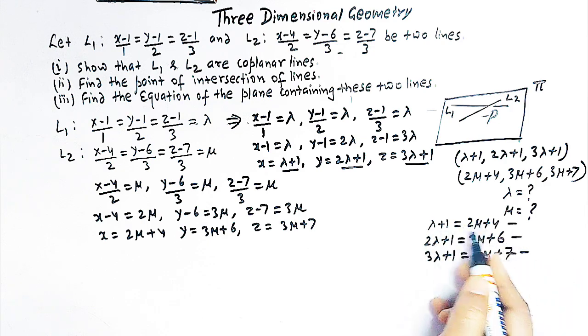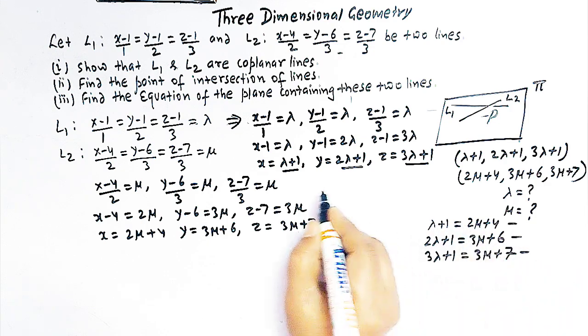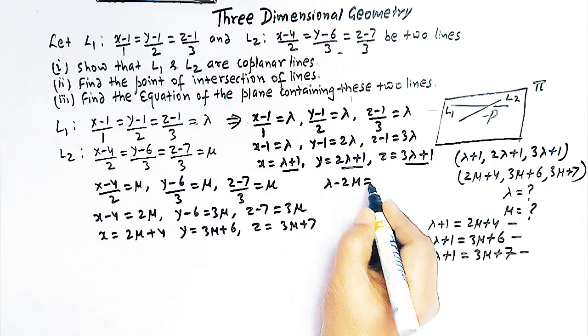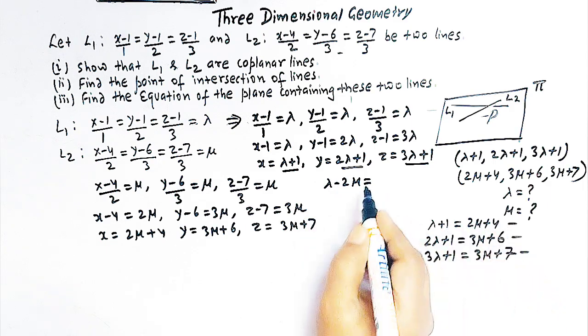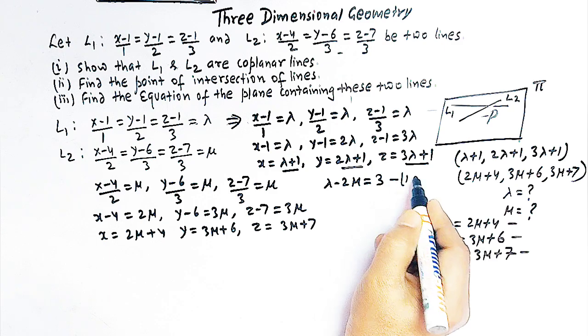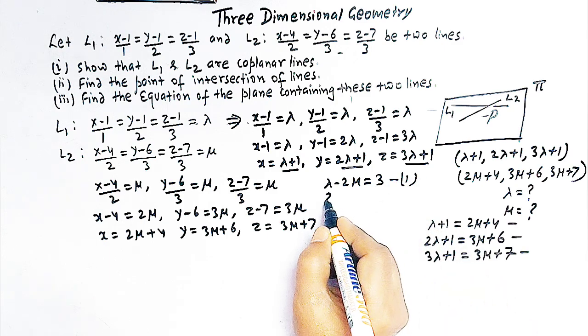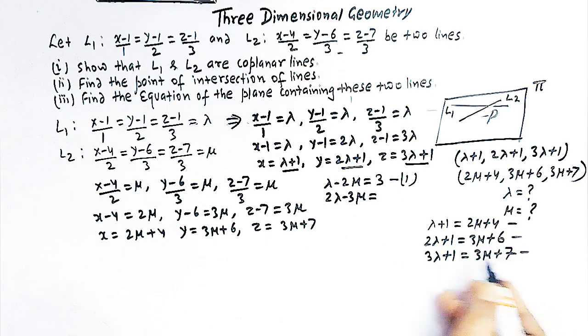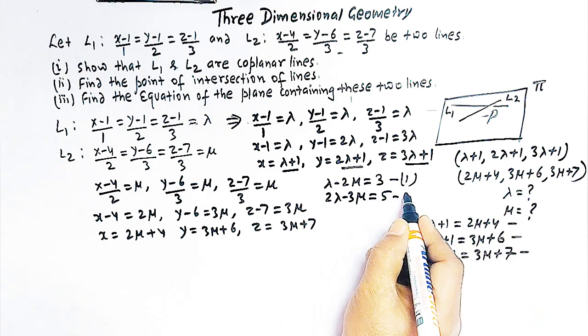So let us now rewrite these equations as lambda minus 2 mu is equal to 4 minus 1, so we have 3. Then here we have 2 lambda minus 3 mu is equal to 6 minus 1, which is 5.